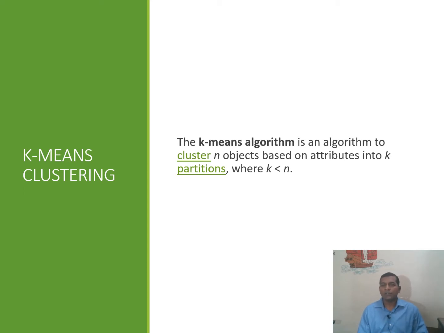Let us say if k is equal to 2, then we will be considering two classes for the clustering. If k is equal to 3, then three clusters may be created while executing this algorithm. So we can have any number of k depending on the data sets or the objects available for the partitioning.